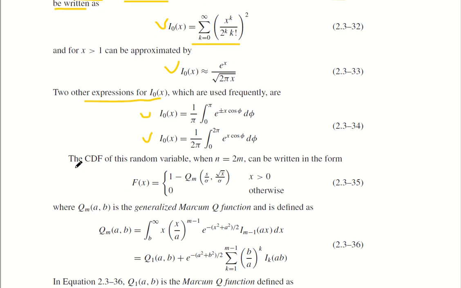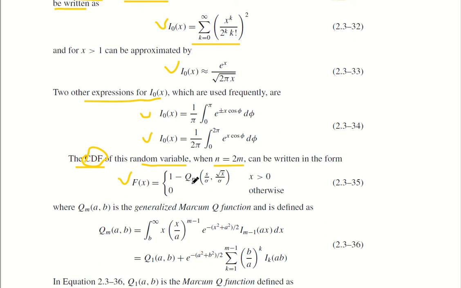Then the CDF of this random variable when n is even is written in this way. We have to emphasize, this is a CDF. It's equal to 1 minus Q function. No, not Q function.